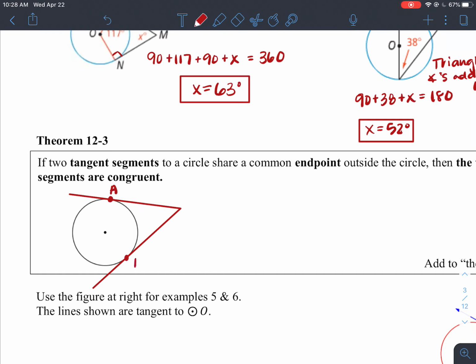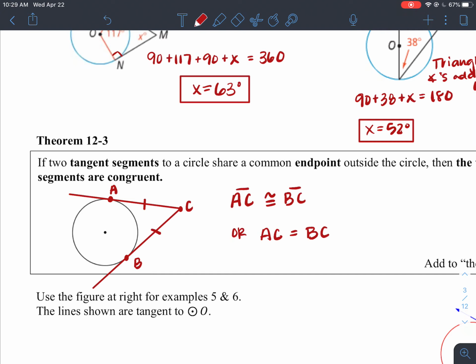I have a point of tangency there, and then they intersect at this point out there. This theorem is saying that this length from A to C is congruent to that length from B to C. So I can say my segments are congruent, or I can say the distance AC is equal to the distance BC.